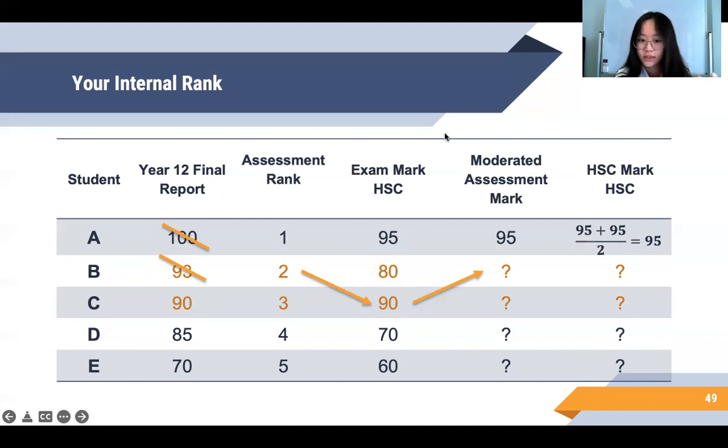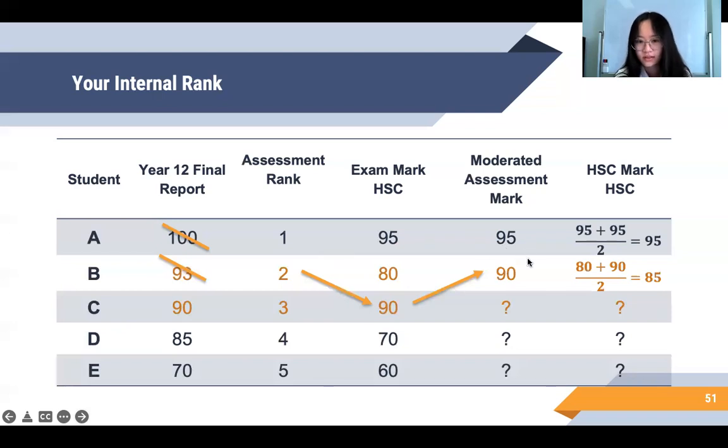Looking at the corresponding HSC marks, student B only got 80, while student C got a band 6, they got 90. What NESA does is they take into account your internal rank. So student B essentially steals student C's exam mark, and their moderated mark is now 90. So they took student C's higher mark because they ranked second.